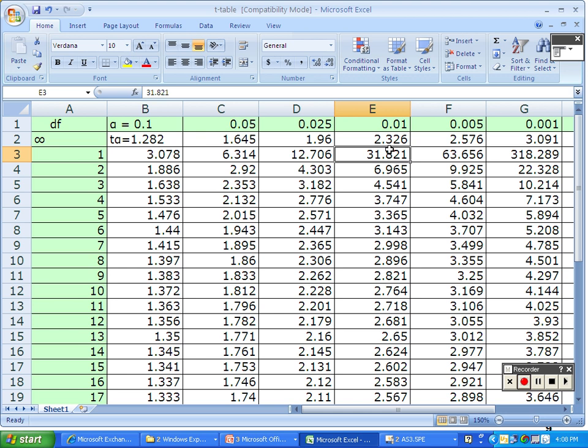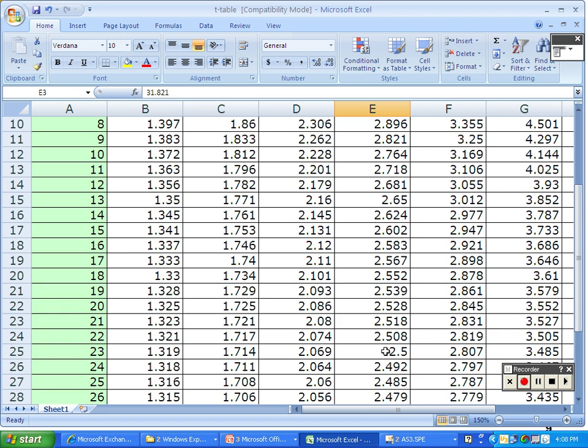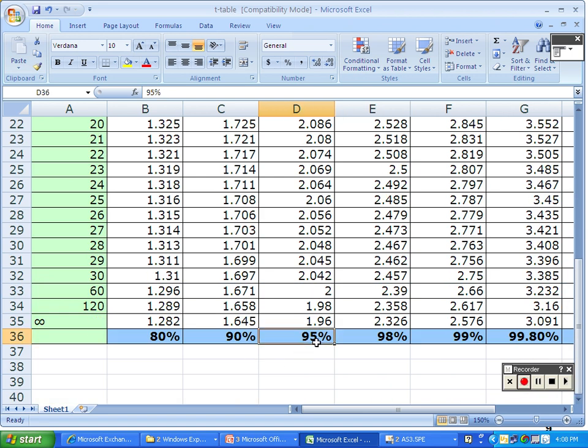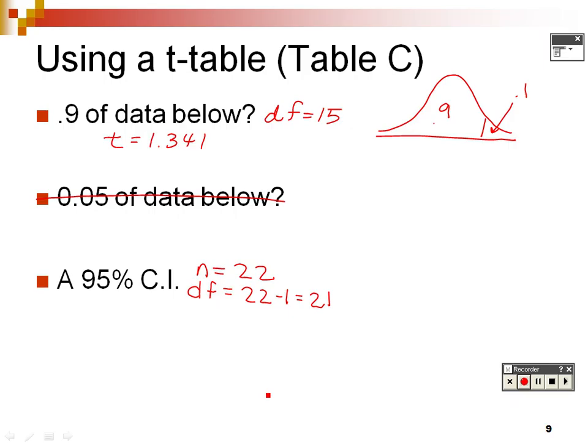So this is really incredibly large, and it stresses the importance of having enough data to work with. So what was that answer again? Let's see, 95%, 21, 2.08. Okay, so t equals 2.08.